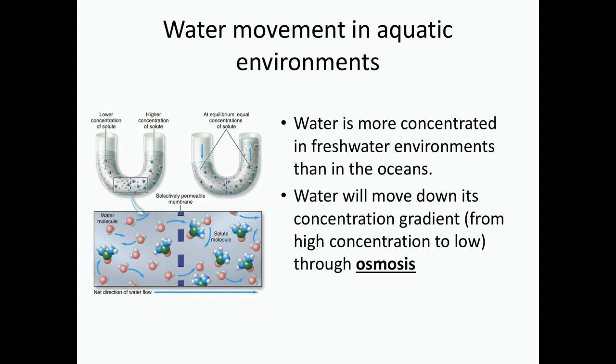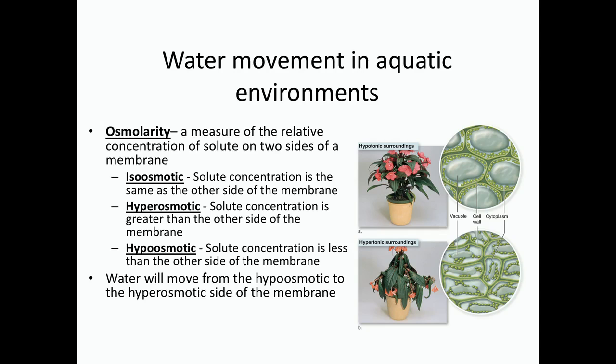And because of this, water will move from an area where it's highly concentrated to an area where it's lower concentration through a process called osmosis. So what we see is that water moves from freshwater environments into ocean environments. Again, this is a difficult concept. We'll cover this in more detail in class.